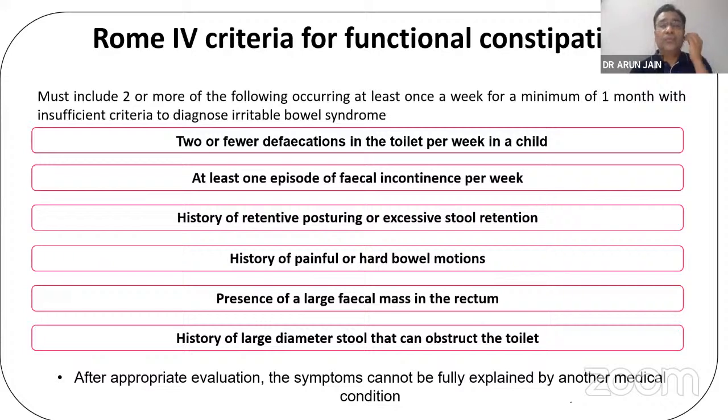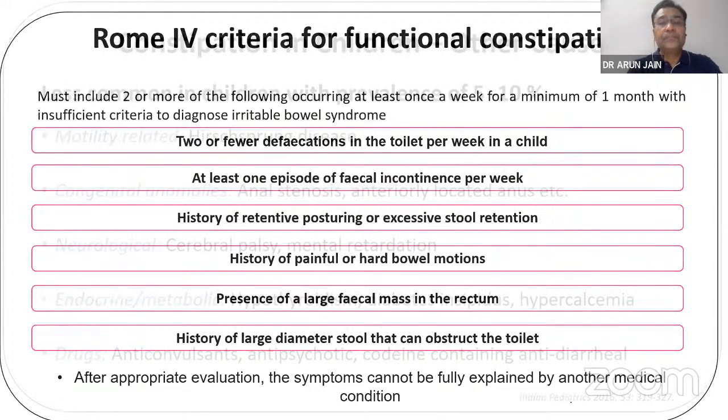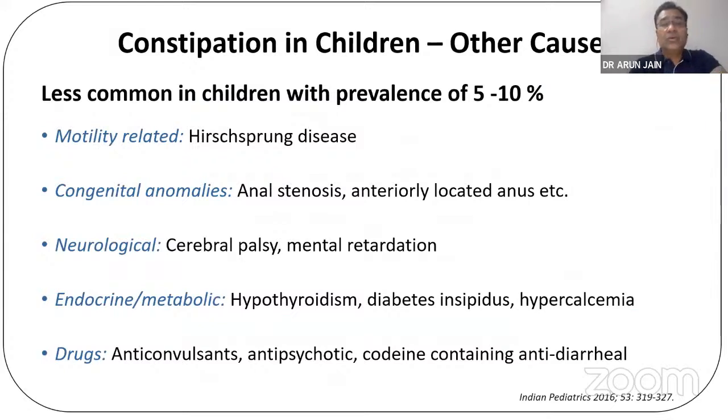So: 2 or fewer defecations in the toilet per week in a child, at least 1 episode of fecal incontinence per week, history of retentive posture or excessive stool retention, history of painful or hard bowel motion, presence of a large fecal mass in the rectum, history of large diameter stool that can obstruct the toilet. So 2 or more of these features, and after appropriate evaluation, the symptoms cannot be fully explained by another medical condition.